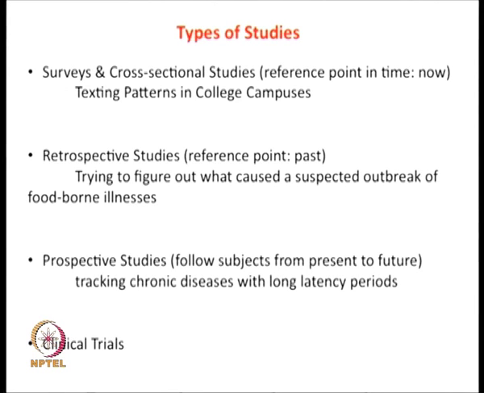So for example, a particular company, let us say Airtel, might want to know what are the patterns of texting in college campuses by students, right. How many text messages do students on an average send, so that they can accordingly decide how many free SMSs can Airtel offer versus after how many times do they charge.